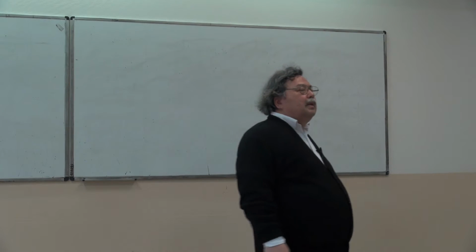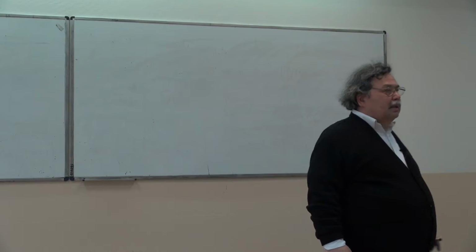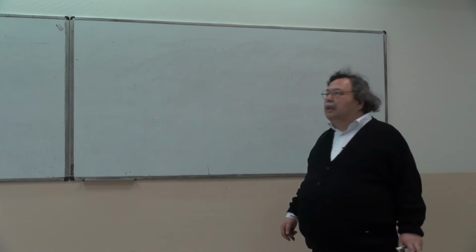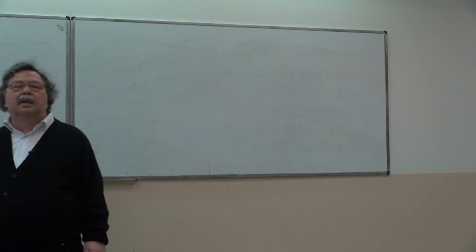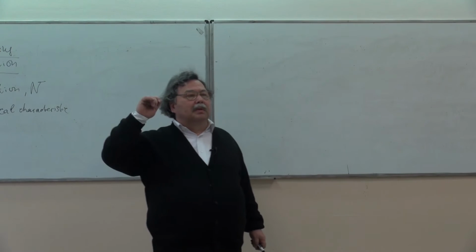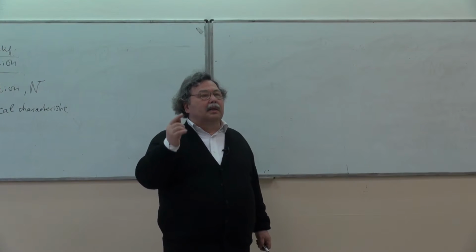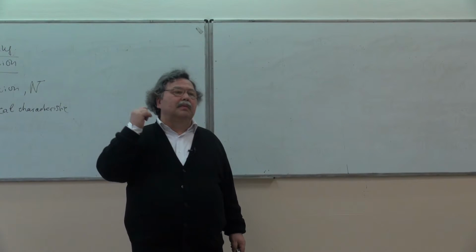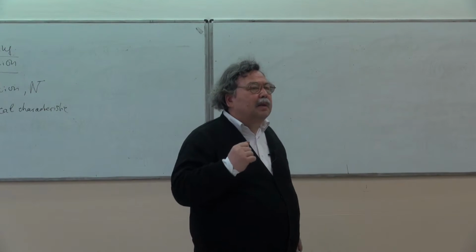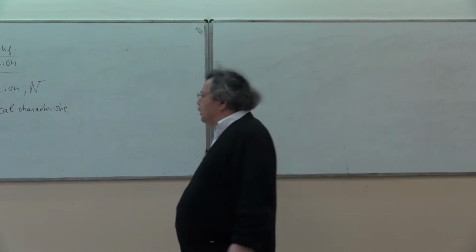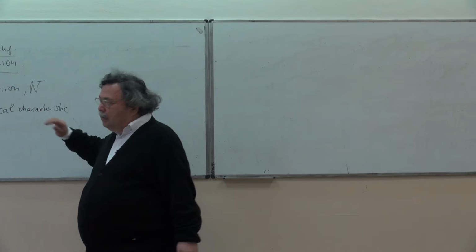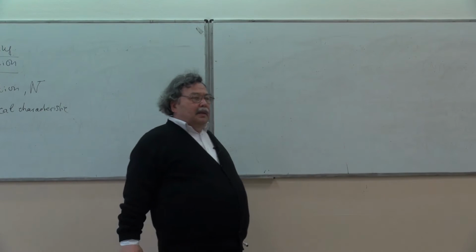We can be interested in many different characteristics. But here we are talking about numerical characteristics. So we assume that each member of the population possesses his or her or its individual value of this numerical characteristic that is of interest to us in a particular research.